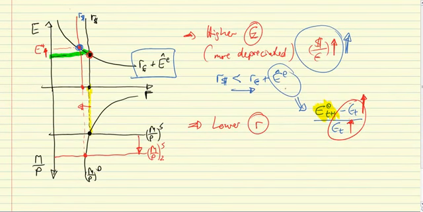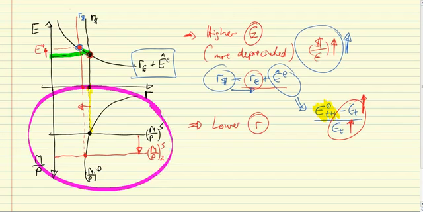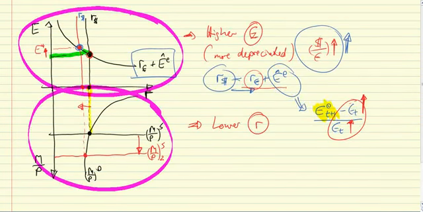So the sum of the now lower depreciation in the future and the unchanged euro interest rate will now again be equal to the lower dollar rate. And just like that, the domestic financial market and the foreign exchange market interact to determine interest rates and exchange rates.